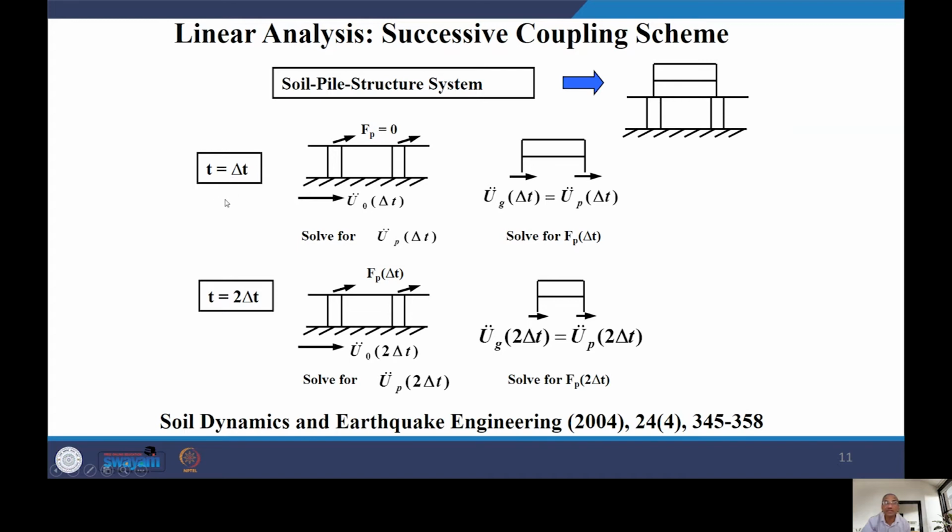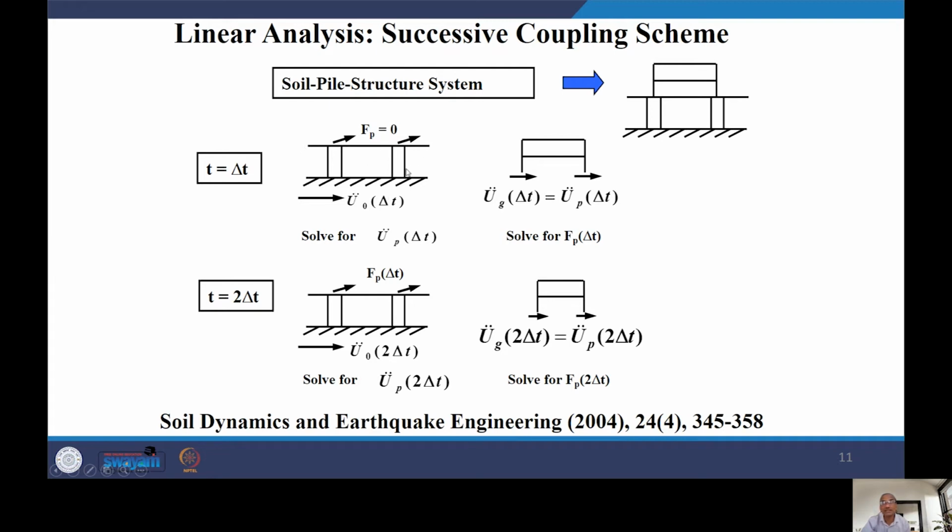At the first time step, what is done here? For the foundation subsystem, you apply the input motion, which is the acceleration due to the earthquake load, and assuming only the foundation subsystem with no structure on top of it, this is solved.